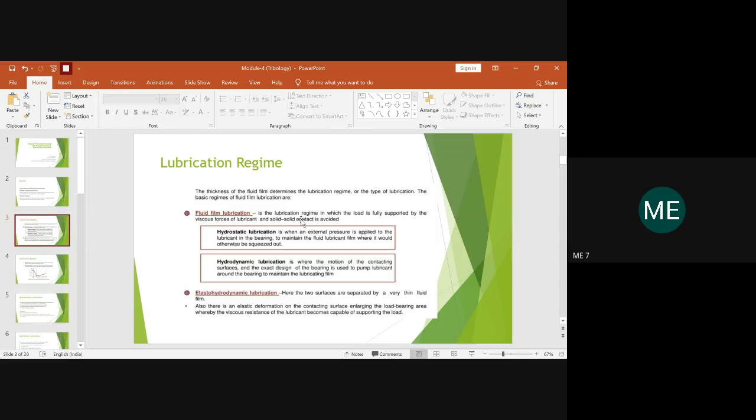To avoid solid-solid contact. If the journal and the bearing come into contact, then while revolving or sliding it results in wear and friction, so we need a medium to separate them, and hence we use a lubricant of a specified fluid film thickness. Based on that, we have two sections: hydrostatic lubrication and hydrodynamic lubrication. You already know what hydrodynamic lubrication means, and even hydrostatic.